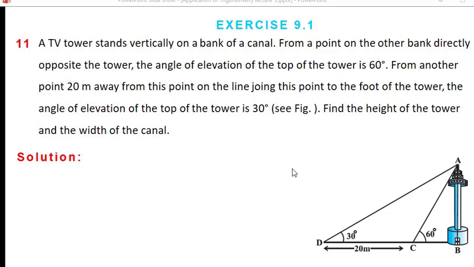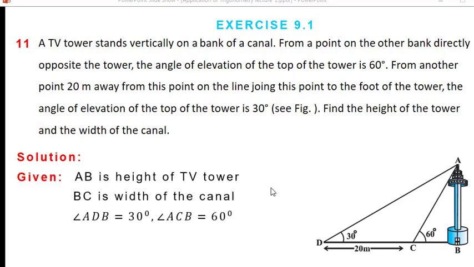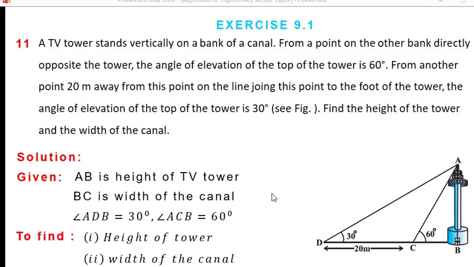Now from another point we move 20 meter away, and again we find that now the angle of elevation is 30 degree. We have to find the height of tower and width of the canal. So two unknowns are there, two angles are given, so two equations we can frame and we can find the required unknowns, height of tower and width of the canal.